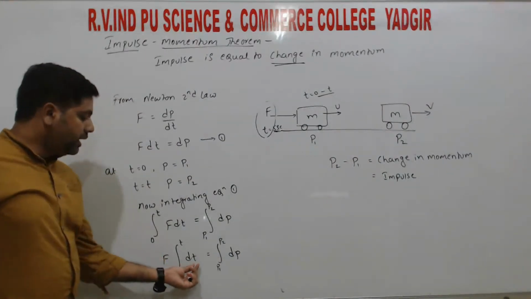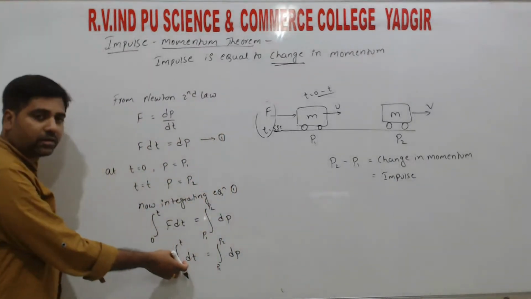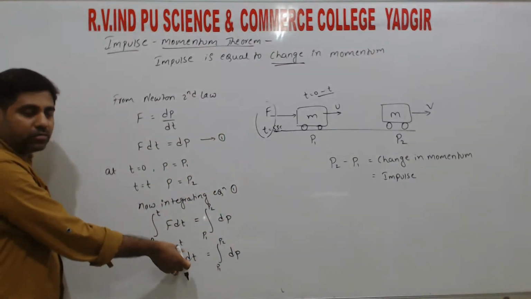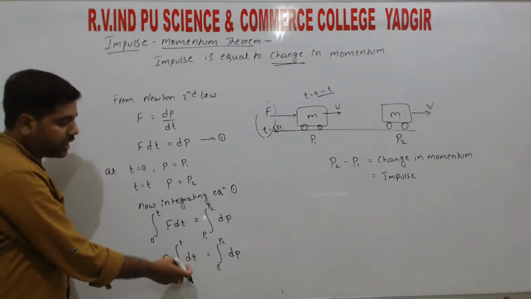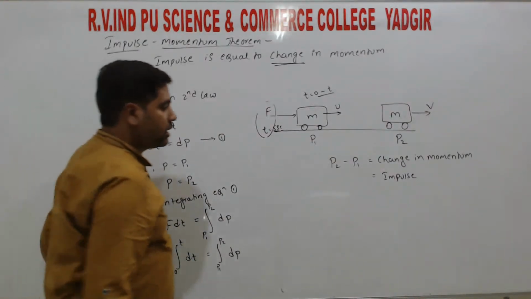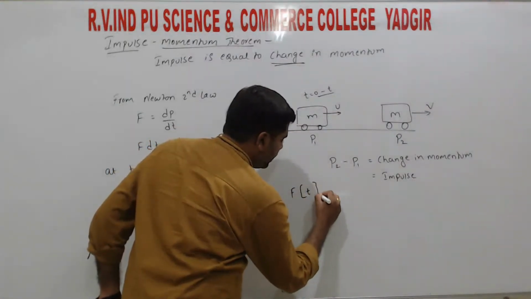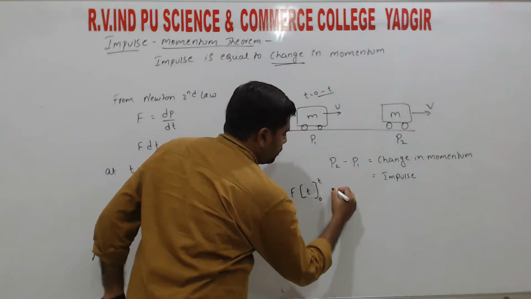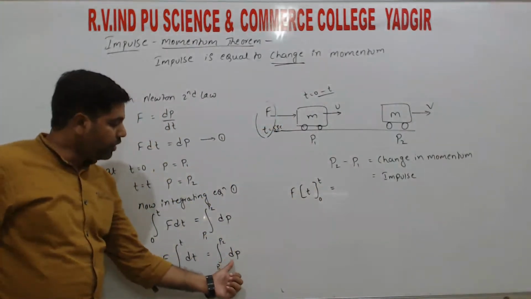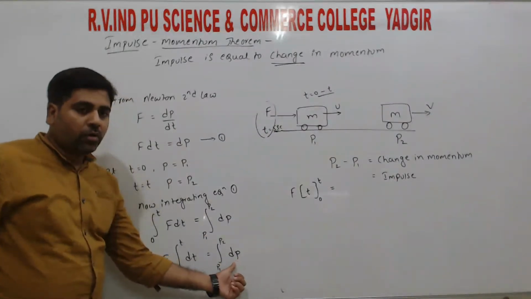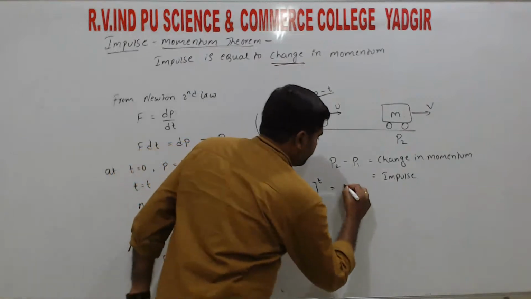So integrating dt, there is 1 into dt. 1 is a constant, so if we integrate a constant we get the time, right? So F t, applying the limits 0 to t. Here also 1 into dp, so we are integrating with respect to momentum, so we get p here.